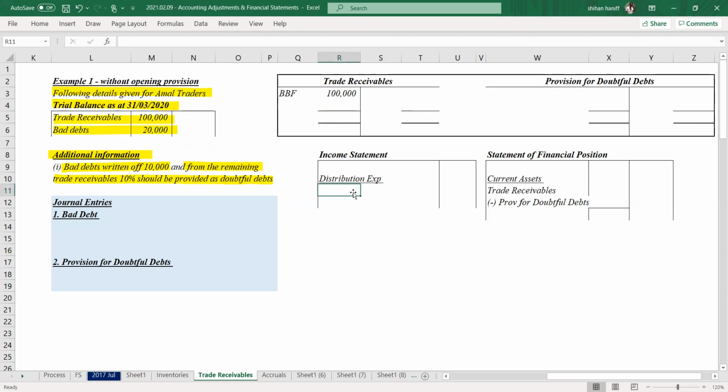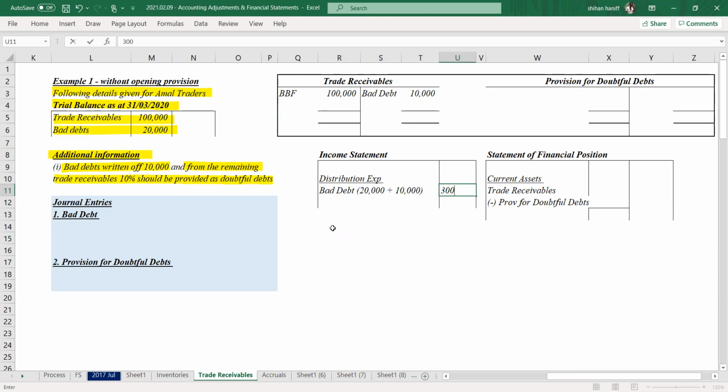Okay. So first step, we have to write off 10,000 bad debt. Debtors account credit 10,000. Bad debt account debit. So already in the bad debt account there is 20,000, and we add 10,000, which is written off at the end of the year.